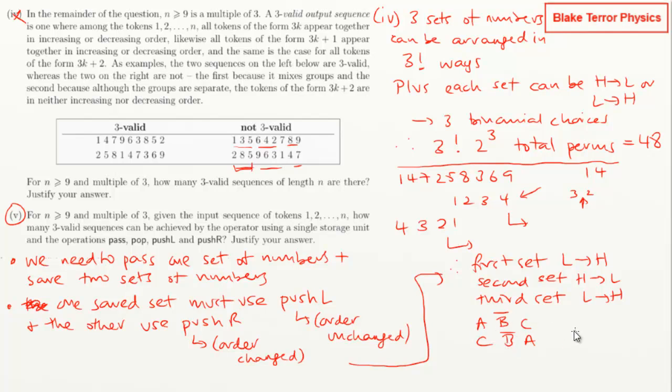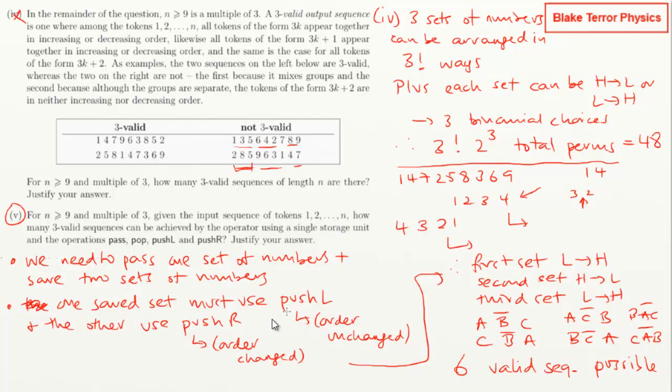And then we'd have the same for A and C. So we're going to have 6 valid options: A, C, B, then B, C, A, and then B, A, C, C, A, B. So that is 6 valid sequences possible. Okay, that was sneaky stuff at the end.